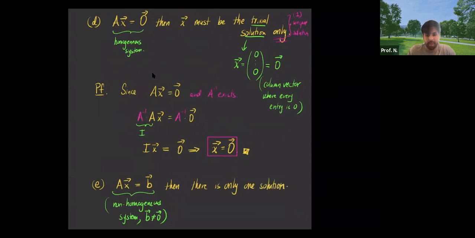If you have an invertible matrix associated with a non-homogeneous system, because the inverse exists, then we have that X is equal to A inverse B. And what's even more special about this is that this is only one solution. This idea of only one solution is very important. This is a unique solution. There's only one solution to this.